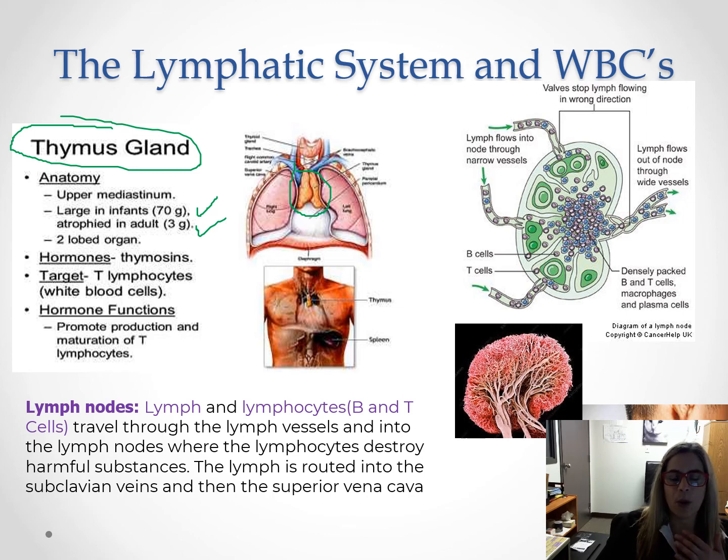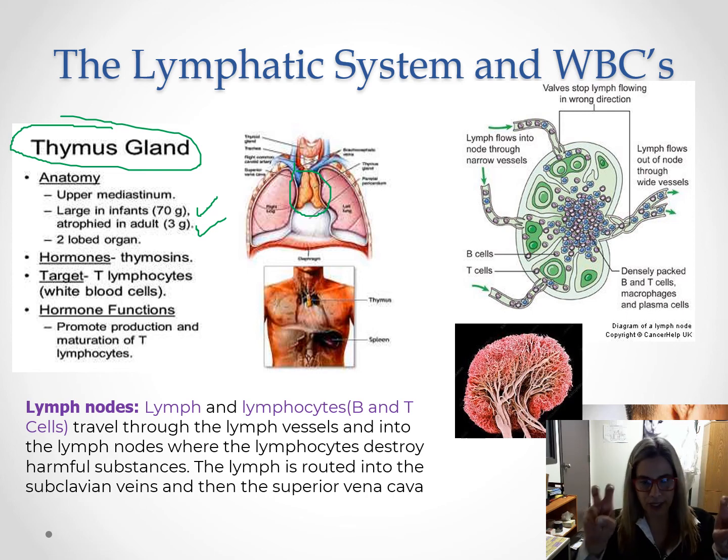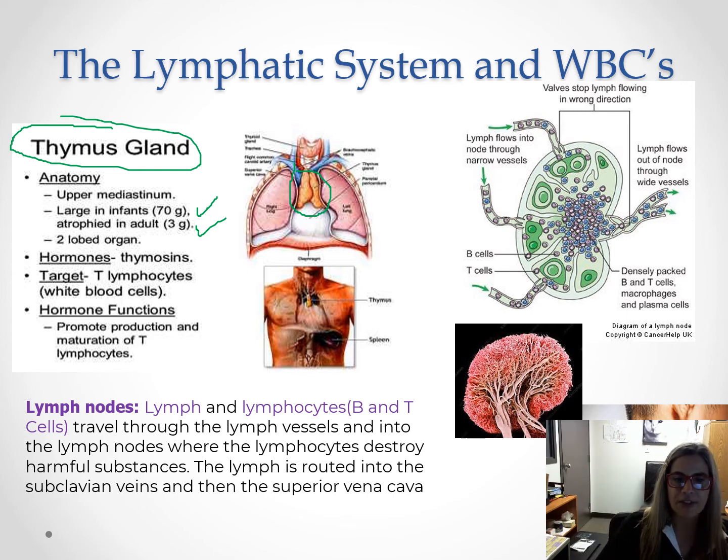And once those lymphocytes have been produced and your body has the blueprint, so to speak, for those lymphocytes, the thymus no longer has to produce them, okay? So in terms of production, I want you to think of thymus, starts with a T, and that's what the thymus gland produces, okay? It produces those T cells or those T lymphocytes.